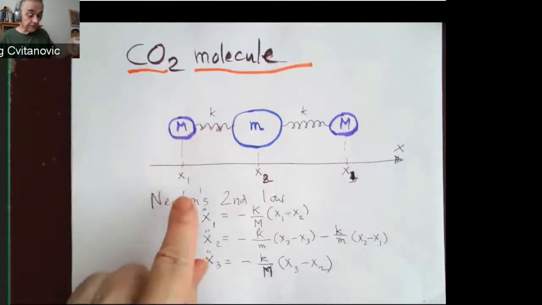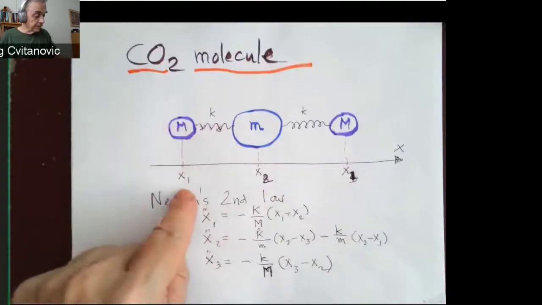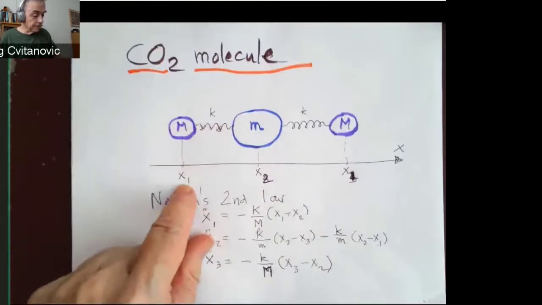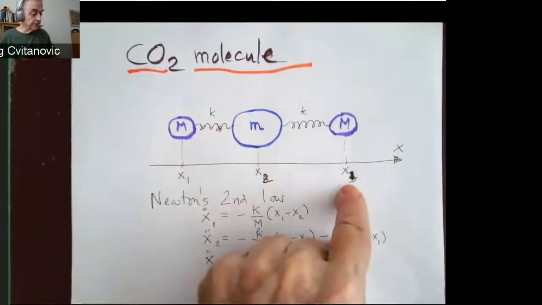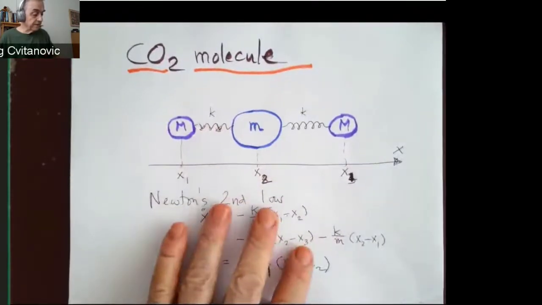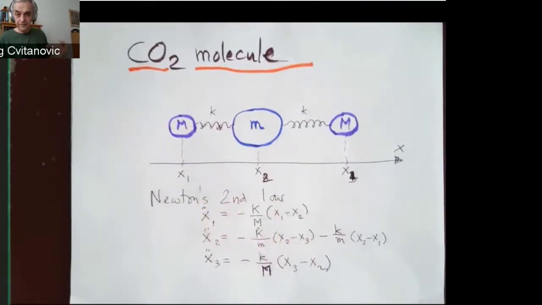At first instant in time, one oxygen is at position x1, the other one is at position x2, the third one is at position x3. So this defines the energy of the system because it tells it what the masses are and how stretched the two springs are.